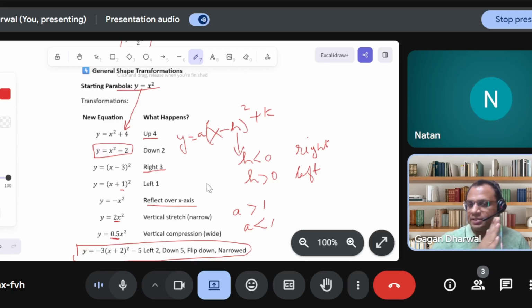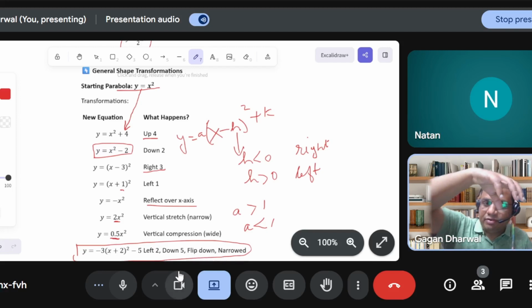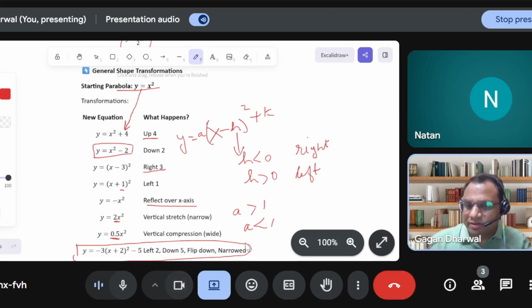So it has moved towards the left by 2, and because the value of k is negative, which is minus 5 here, it has moved down by 5 units. So that's what they have written here: left 2, down 5, flip down. Flip down means downward facing parabola, and narrowed because there's a vertical stretch of 3.